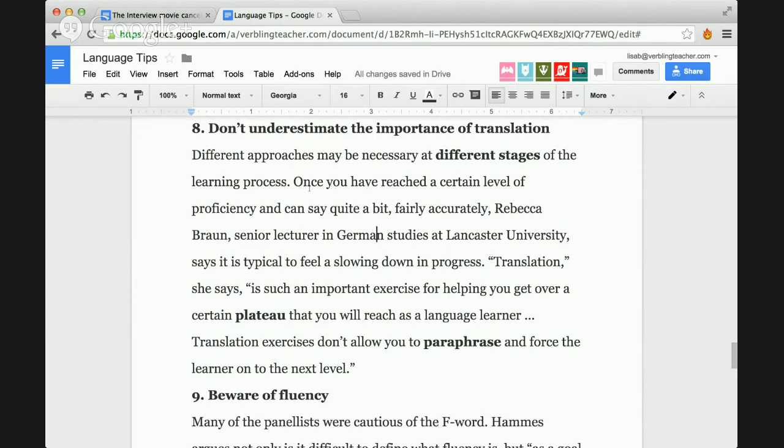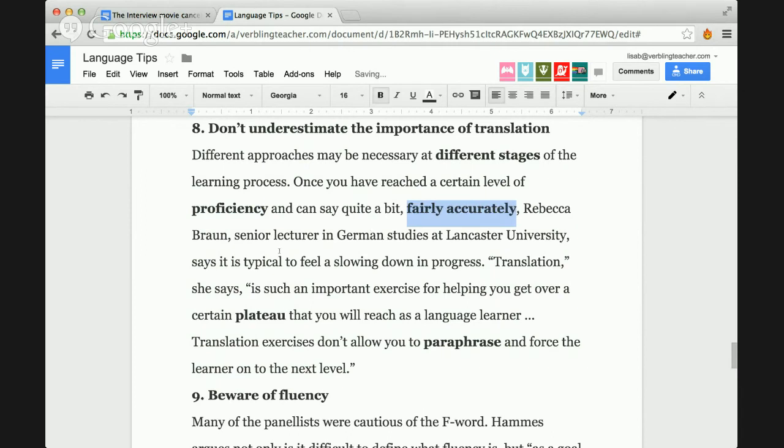So she's saying when you reach a certain level, so now you're at an intermediate level or something, and maybe you're quite proficient, so you have a level of proficiency or mastery, of ability, and you can say quite a few things fairly accurately, so you're doing pretty well.